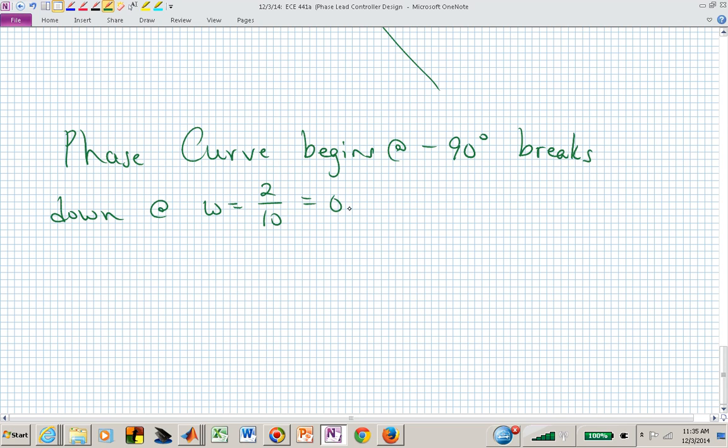We're now looking at the break happening in terms of our slope. It was flat. Our phase curve was flat at minus 90 degrees until we reached 0.2. Then it's going to be sloping at minus 45 degrees per decade. So let me say, and stops.